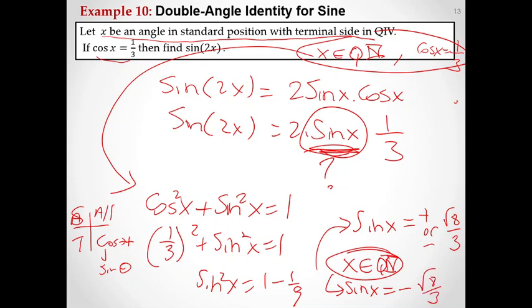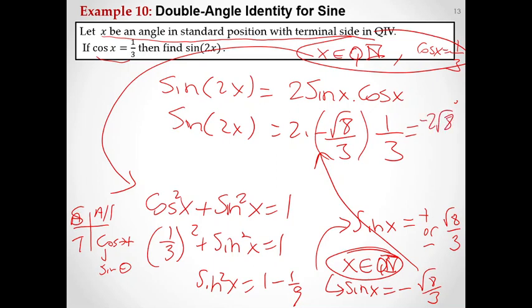Now we can substitute this in the formula. Then it will give you minus square root of 8 over 3. This will be negative 2 square root of 8 over 9. Or if you go further and simplify this, you will get minus 4 square root 2 divided by 9.